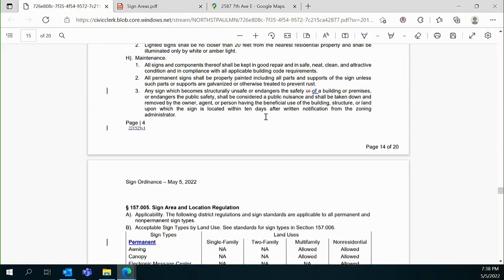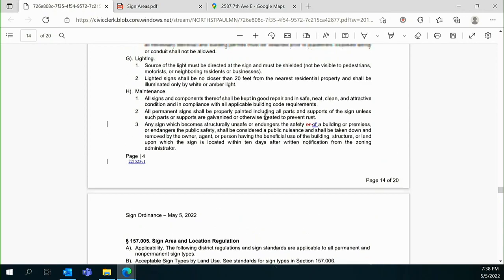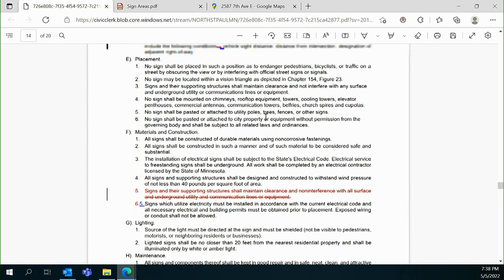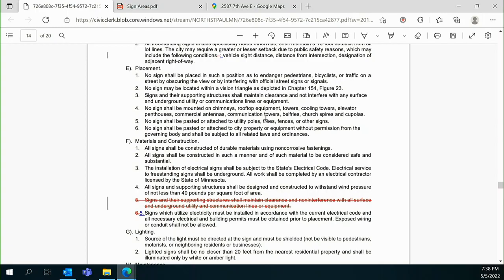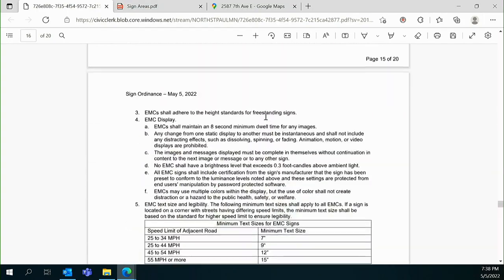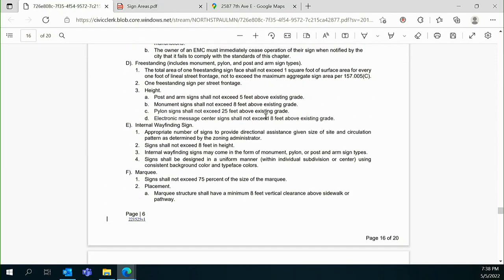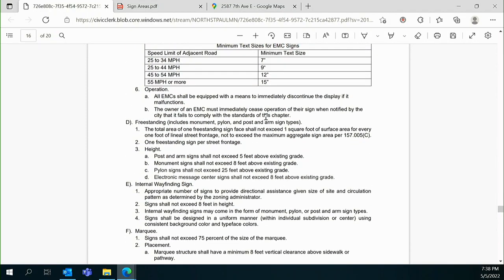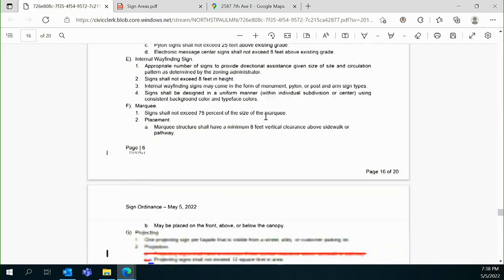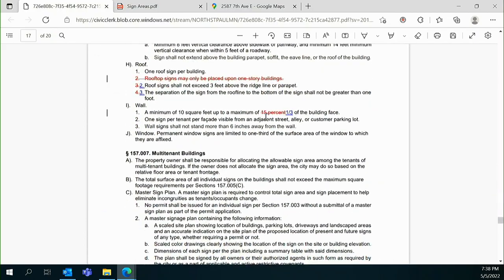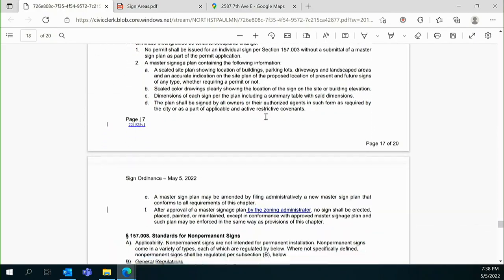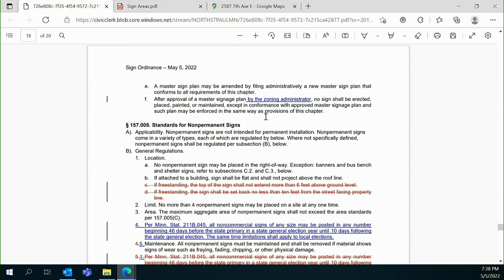So all I'm getting at here is the banner sign and the bus bench or shelter sign. Those are the exceptions, and they may be in the right-of-way, is what this is saying. Am I correct? Page 18.